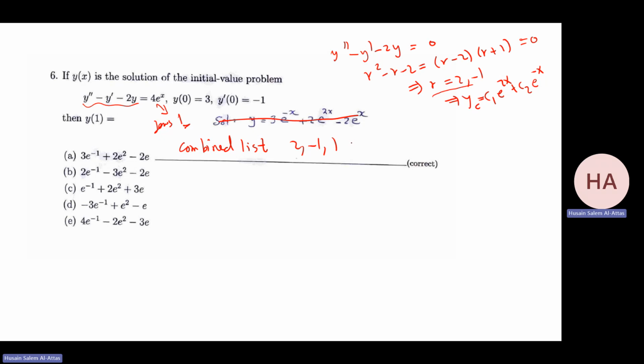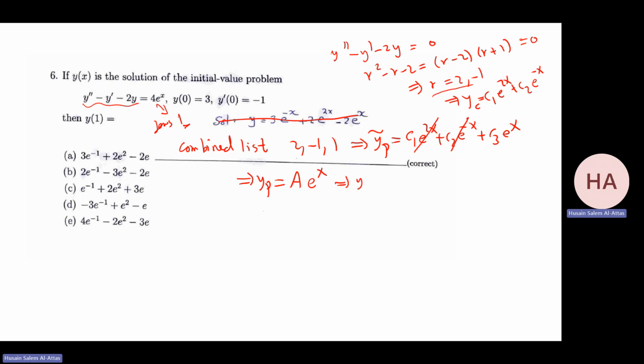Let me make it complete. yp hat will be c1 e^x plus c2 e^(-x) plus c3 e^x. Now I can cancel yc, so the form of yp will be a x e^x. Now I need to find a, so I plug it into the equation.